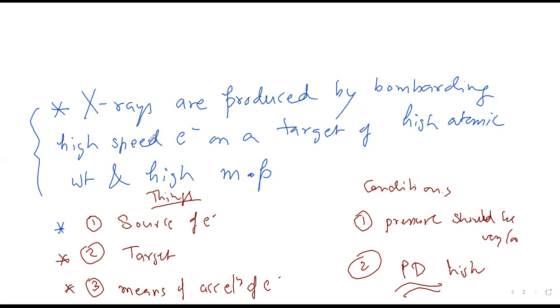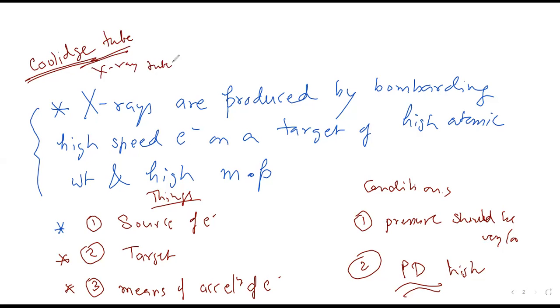To produce X-rays, nowadays we use the X-ray tube. Earlier we used Coolidge's tube. He is a scientist who developed one X-ray tube, so sometimes these X-ray tubes are also known as Coolidge's tube.